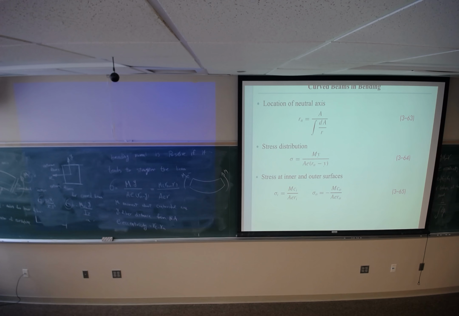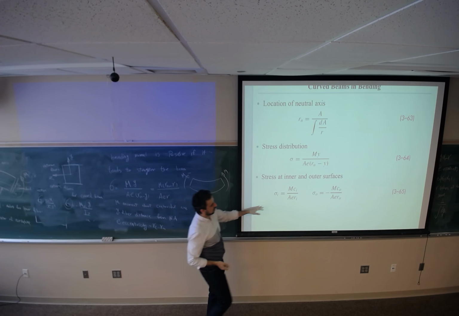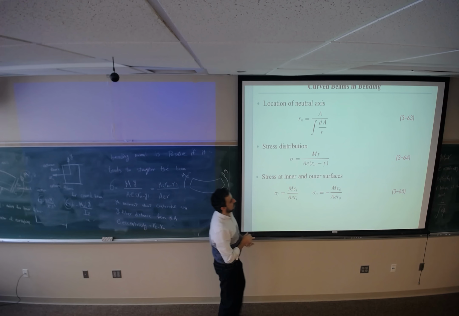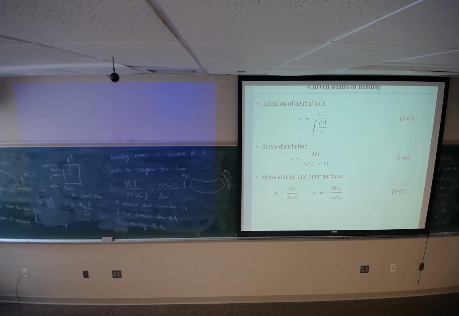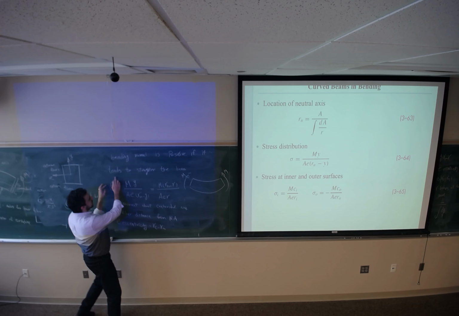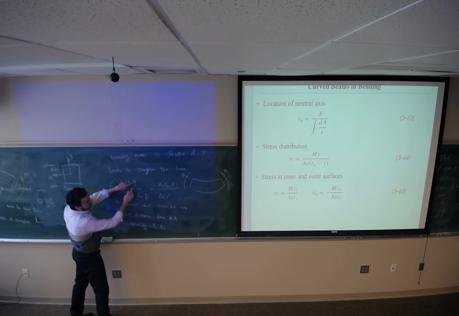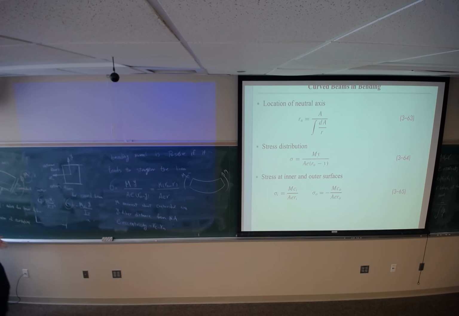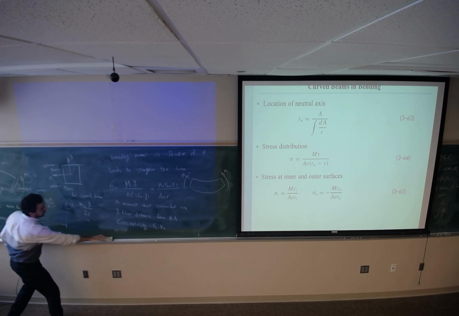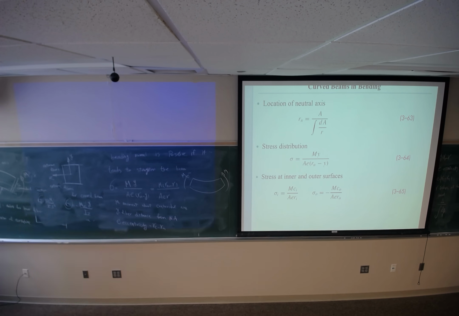This is a summarized equation for stress at the inner and outer surface. As you see, the stress is not varying linearly with y. It's a hyperbolic function. Any question before we start an example?